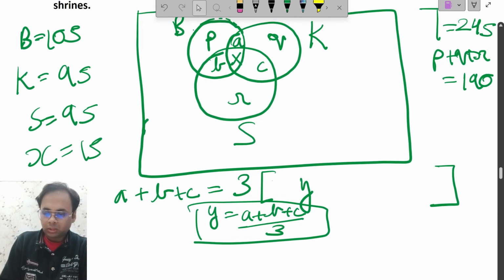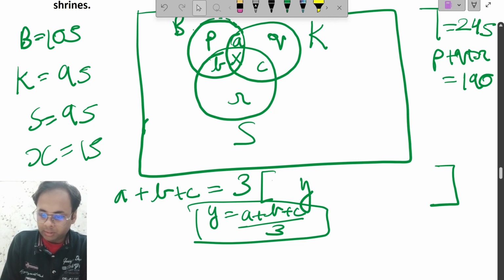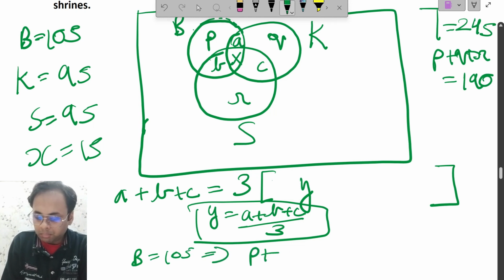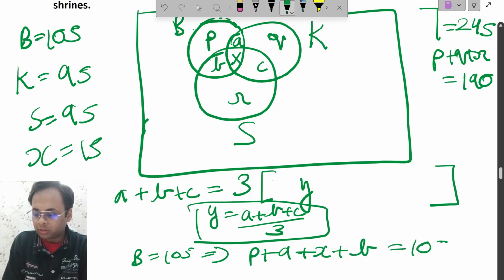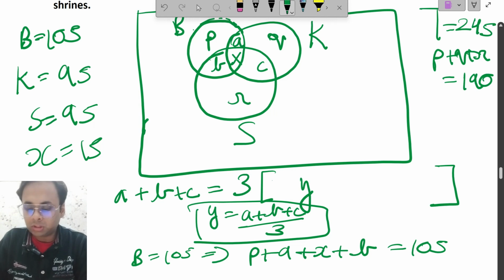So let us see. If I am talking about B, which is Badrinath, I'm talking about the entire B. B is 105 as we know it, which implies B is made up of P plus A plus X plus B. It is 105 as you can see from this region.